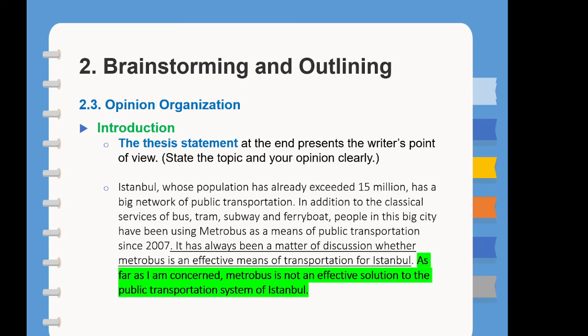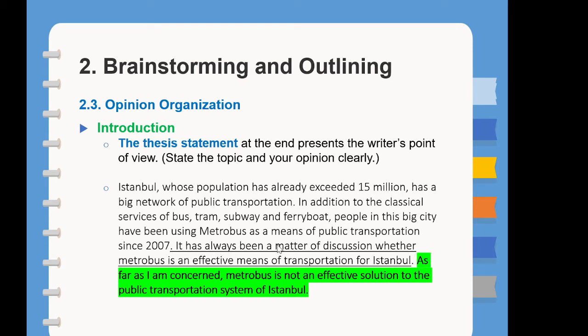Let's look at the example here. Istanbul, whose population has already exceeded 15 million, has a big network of public transportation. In addition to the classical services of bus, tram, subway, these are all the background information that we got here. What I underline here is called the counterpart.